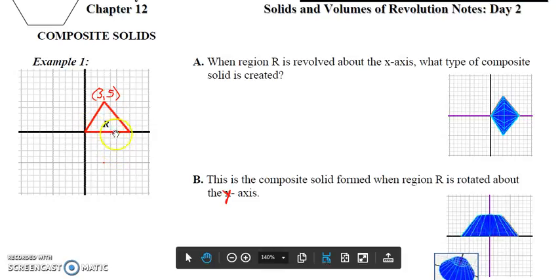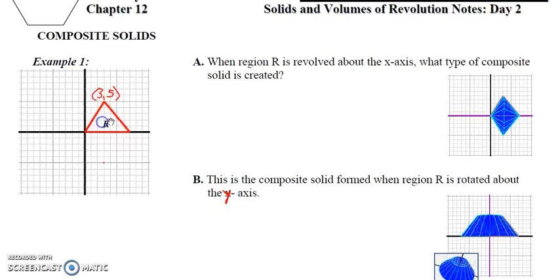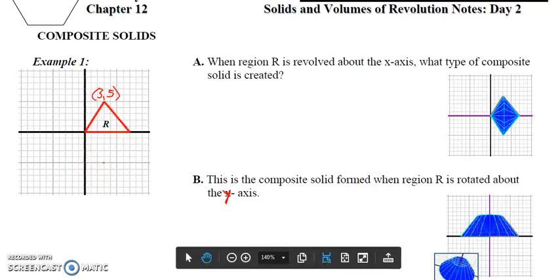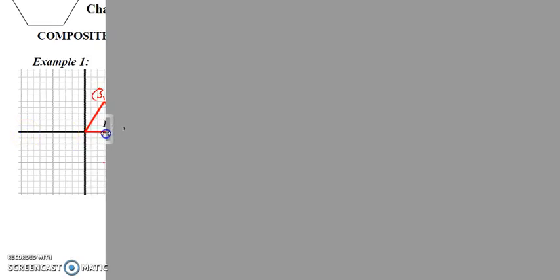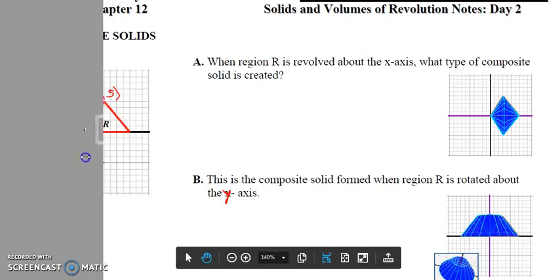Do you see how I'm turning this big triangle into 2 little right triangles? Okay? So think about it like this. If I draw in that line right there, that's the right triangle. So if I flip that triangle down over the x-axis and revolve that, what's it going to make? It's going to be a cone. Well, what about the other side of the triangle?